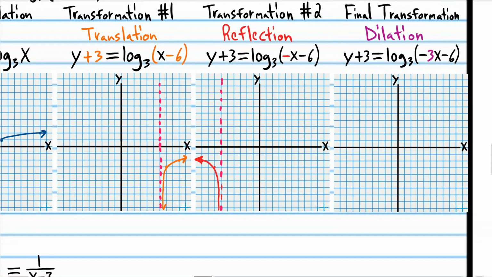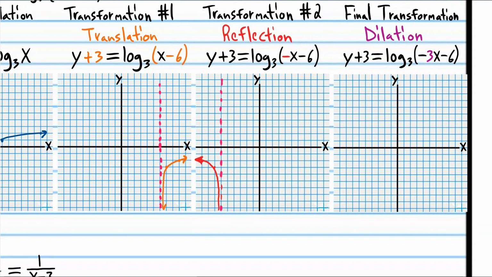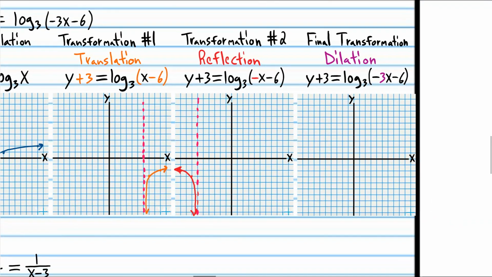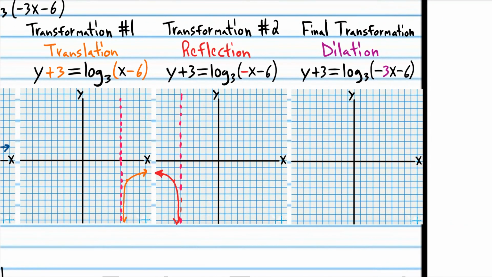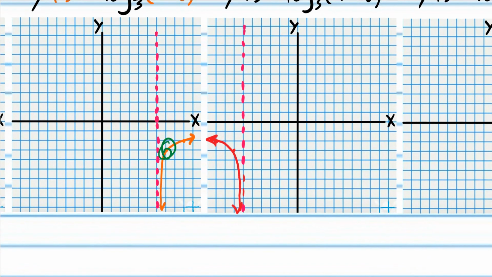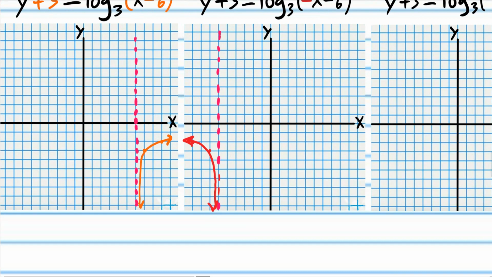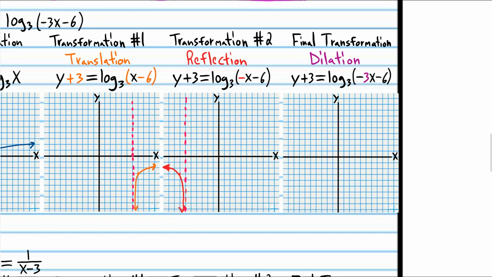Sorry, my computer's going kind of slow. Okay, so there you go. This point here, for example, was 1, 2, 3, 4, 5, 6, 7 units from the y-axis. So you just go 1, 2, 3, 4, 5, 6, 7 units to the other side. And the same with the other point.